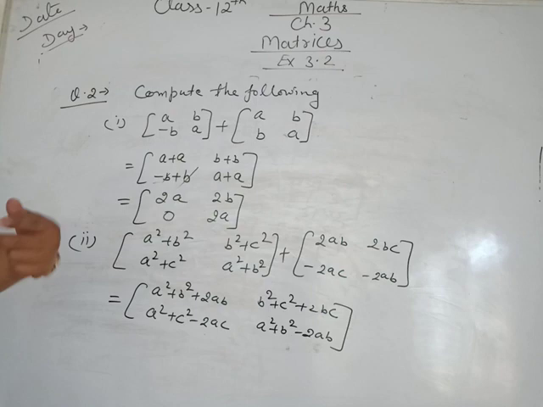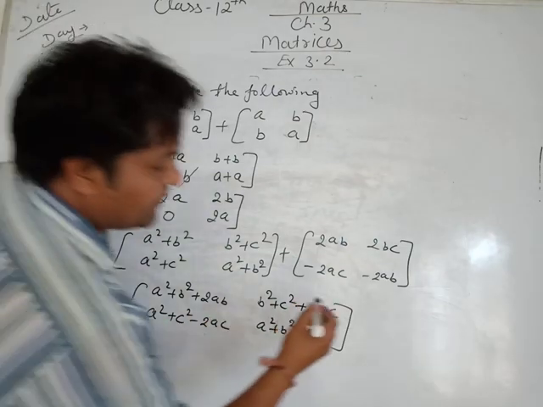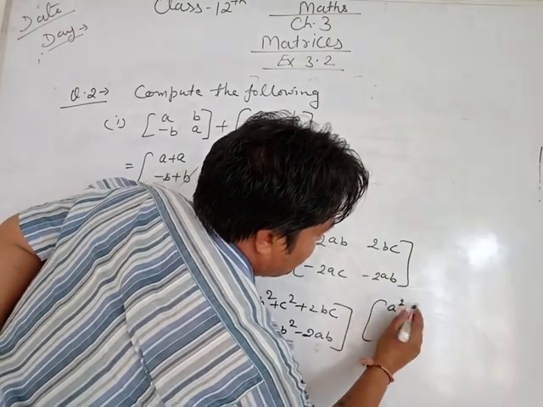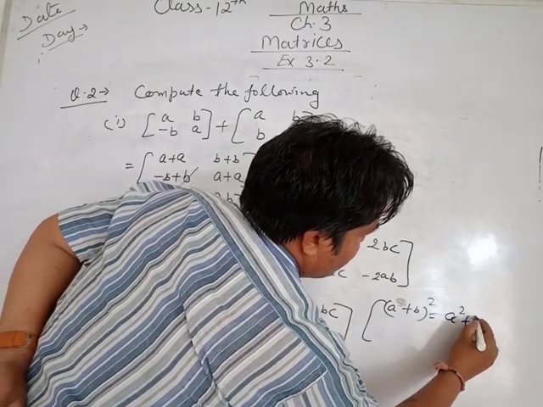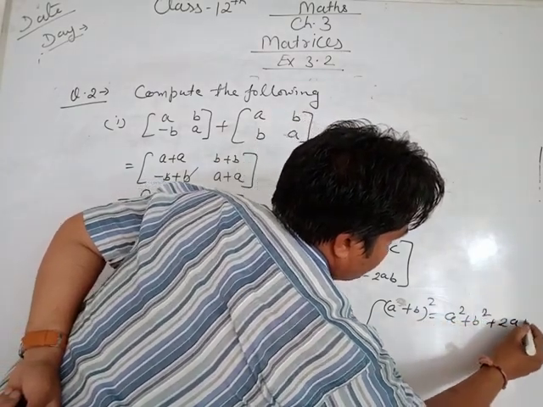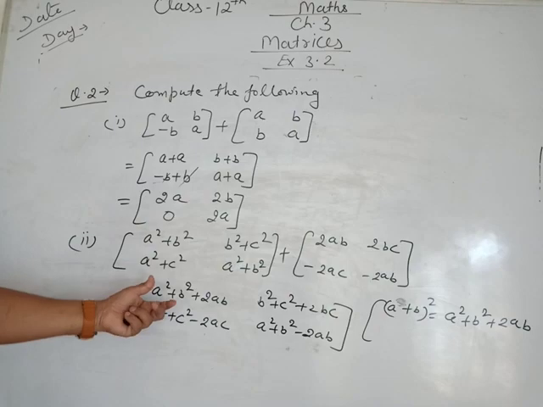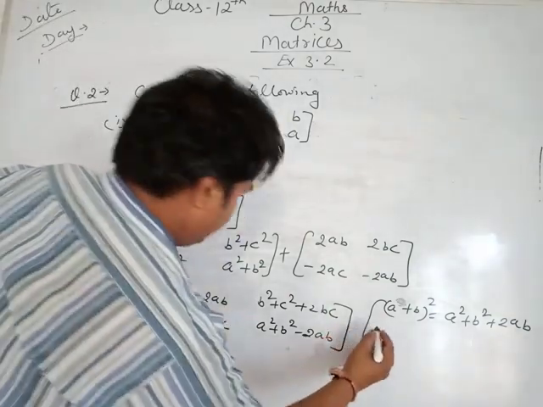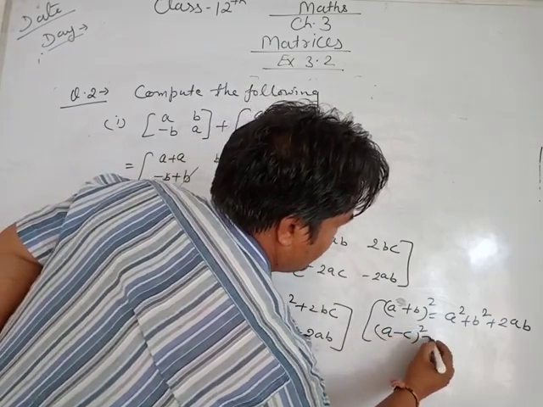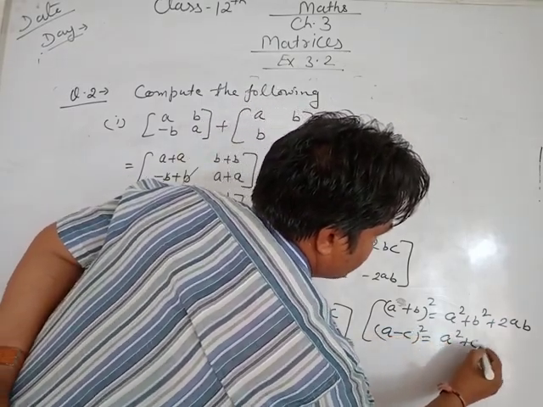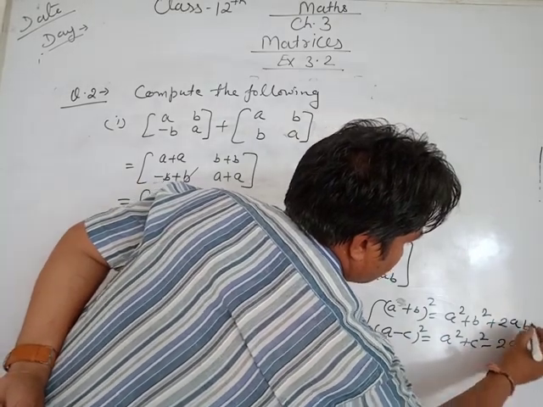And in the previous classes you have seen it will make an identity. We know that the identity is a plus b whole square equal to a square plus b square plus 2ab. Second, similarly the negative sign: a minus c whole square equal to a square plus c square minus 2ac.